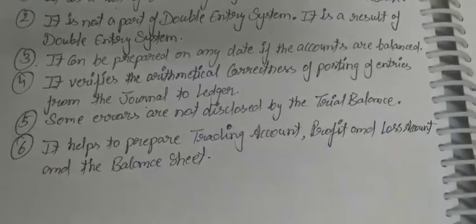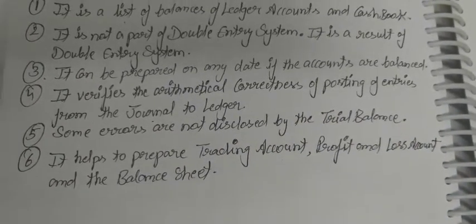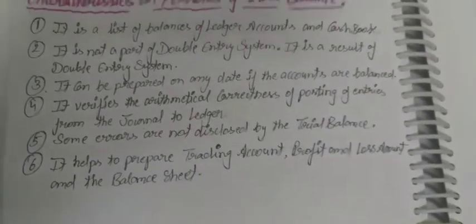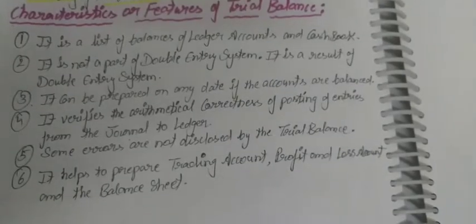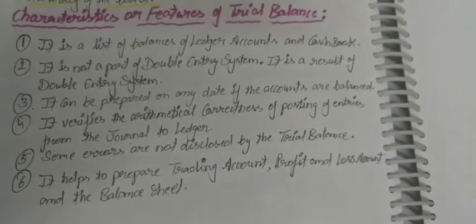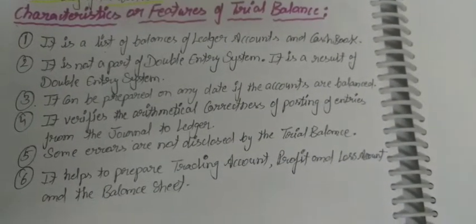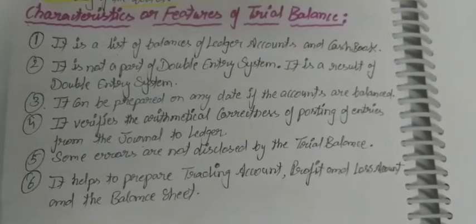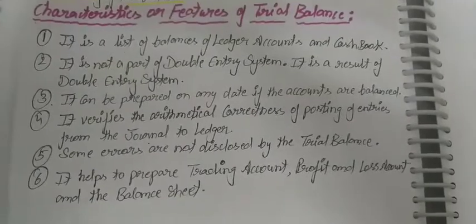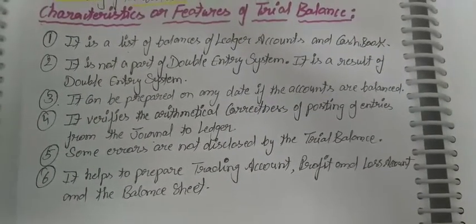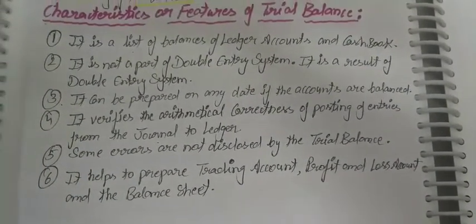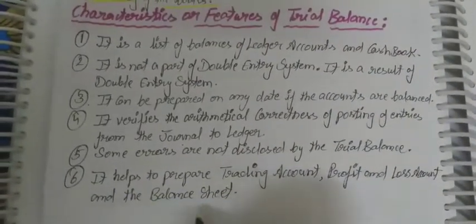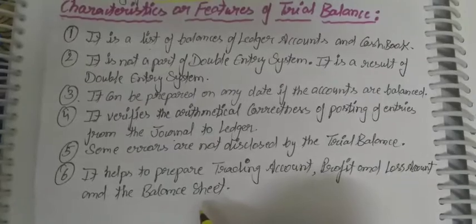With the help of the trial balance, we can prepare these on the last date of the financial year. So these are the six features of the trial balance, which help to calculate arithmetical accuracy and verify the accounts already prepared, and also help to prepare the final accounts. The trading account, profit and loss account, and balance sheet are part of the final accounts.